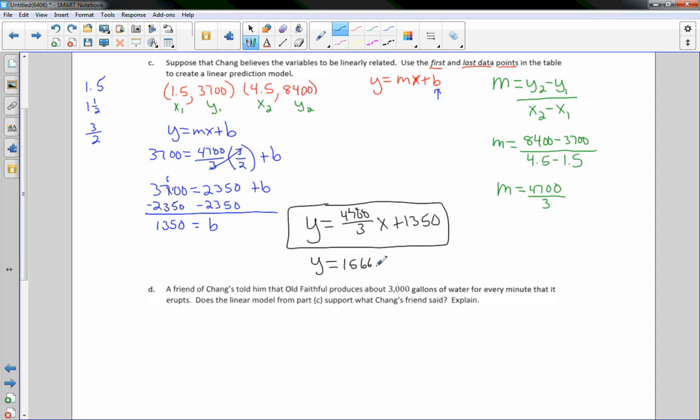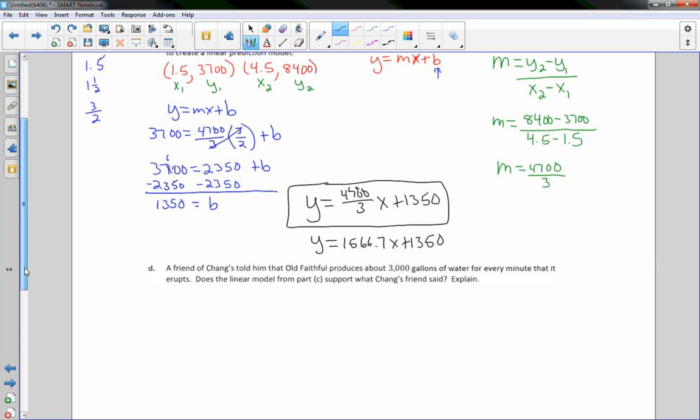And this is just going to keep repeating. So it's 1,566 2/3, or 0.67. 1,566.6 repeating would be 0.7 if we rounded. X plus 1,350. Since it's a prediction, it's okay to round.